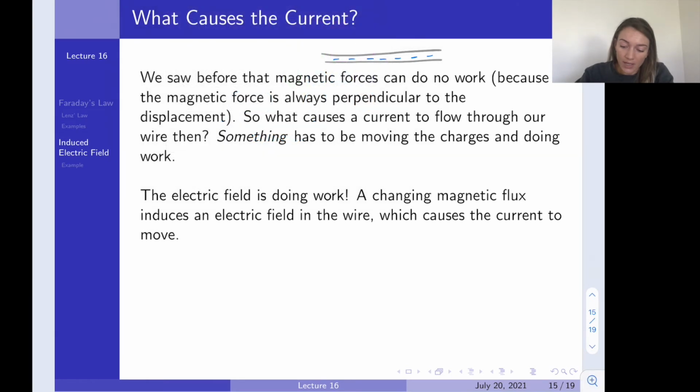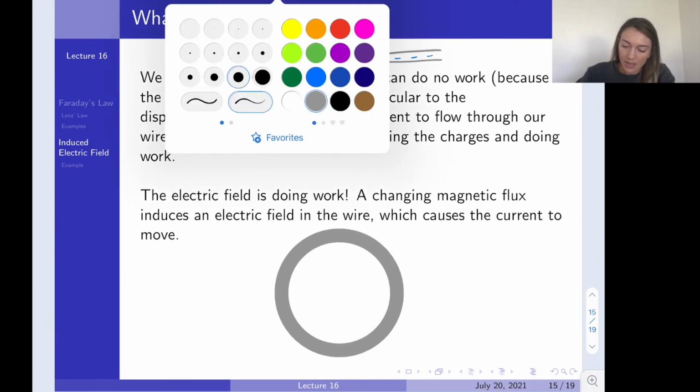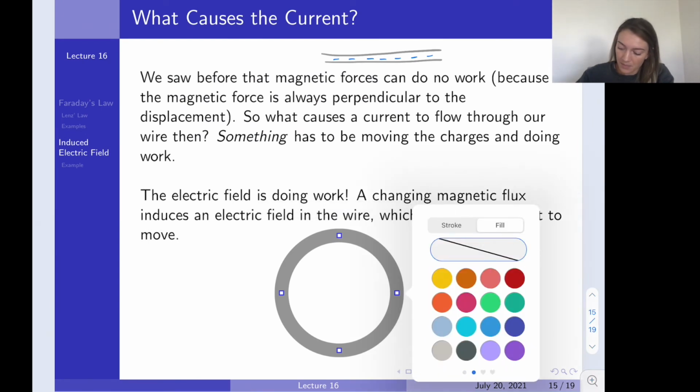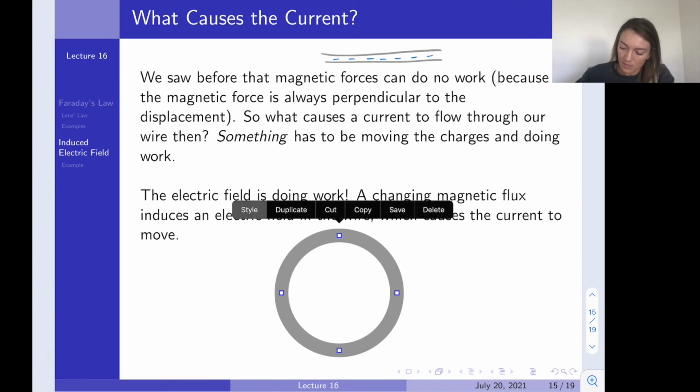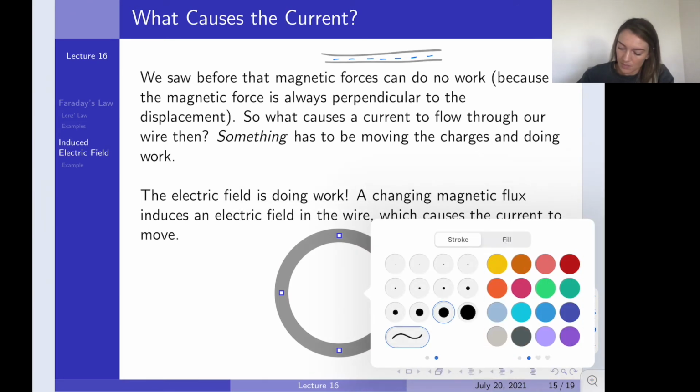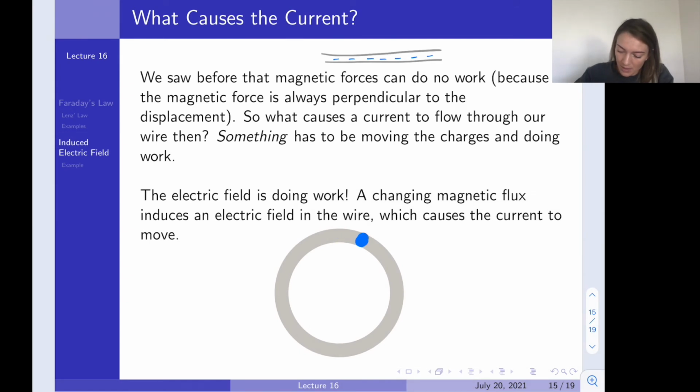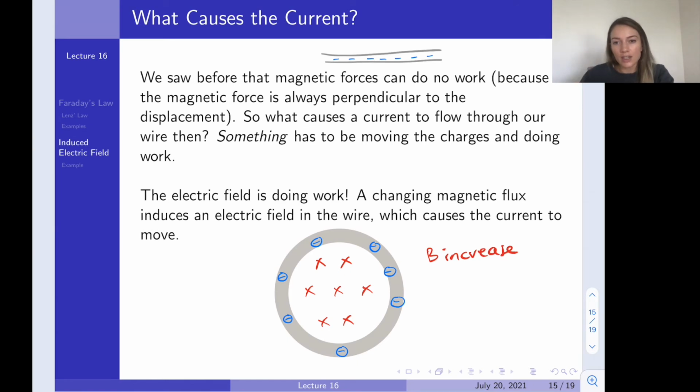So when I had a circular wire like this, and I have my little electrons sitting in it, if I have a changing magnetic field, so let's say I have a magnetic field in here that's going into the page, and I increase the magnetic field, this change in the magnetic field will create an electric field. So it will actually create an electric field in this direction.